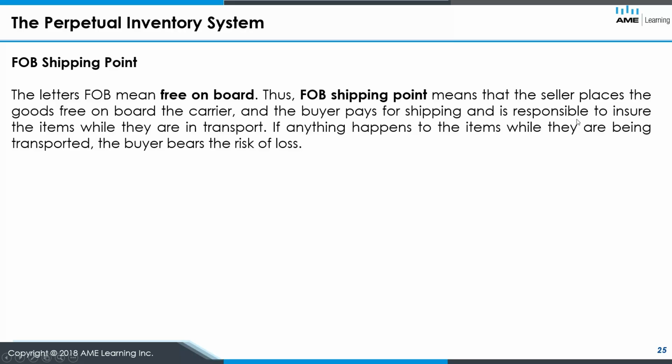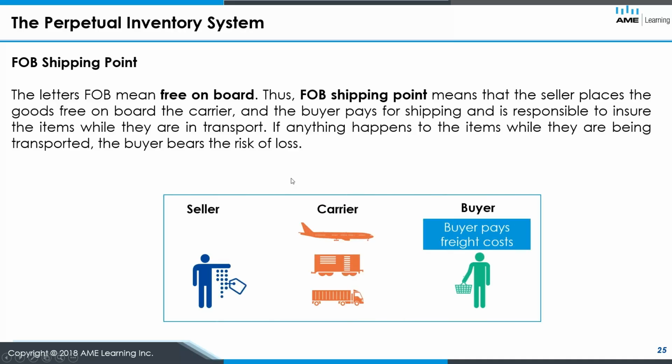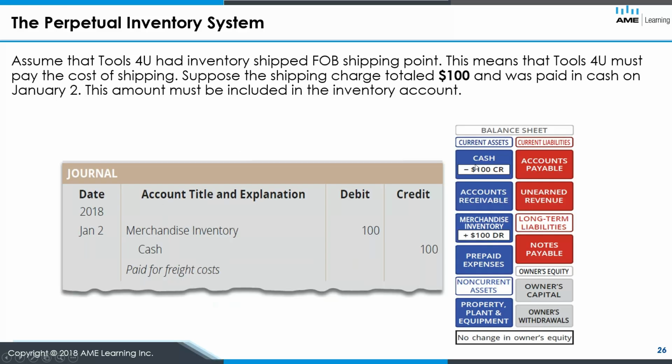And like I mentioned, we would want to have some insurance on those items because we own them now. And if UPS or whoever's shipping them to you loses them or damages that inventory somehow, we would be the ones who would be out of luck, as the buyers, because it's FOB shipping point.